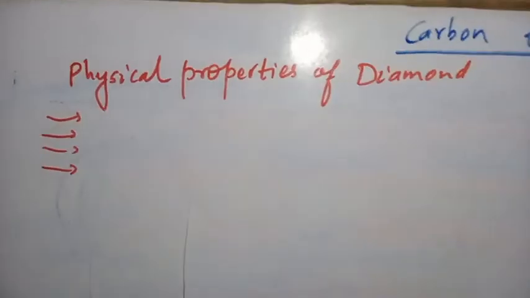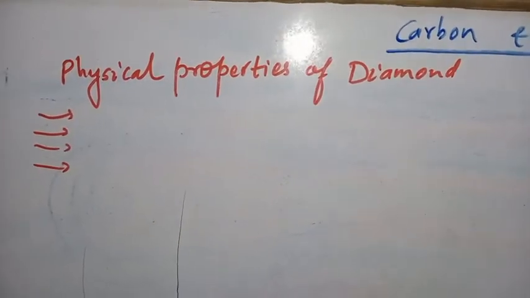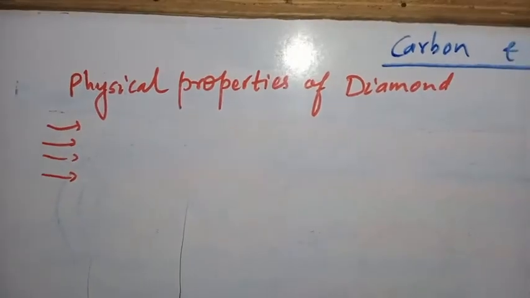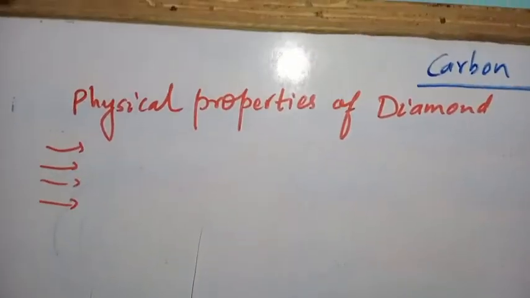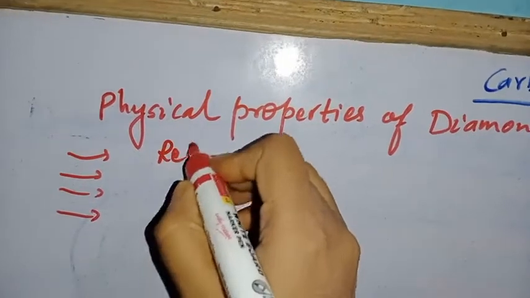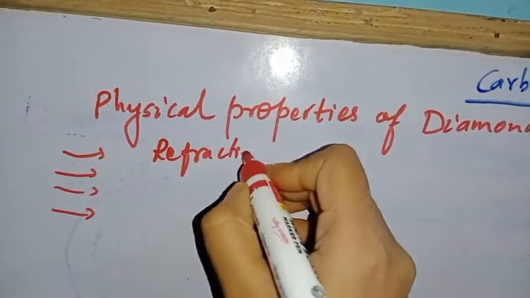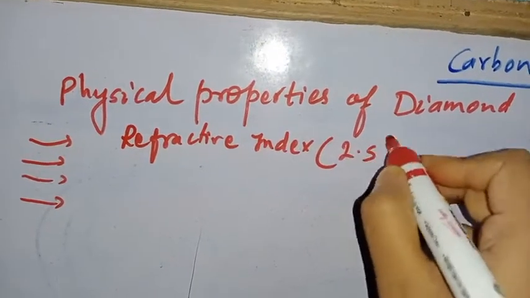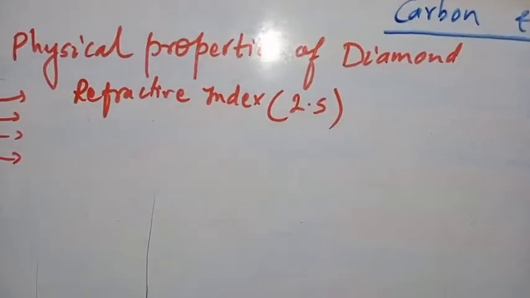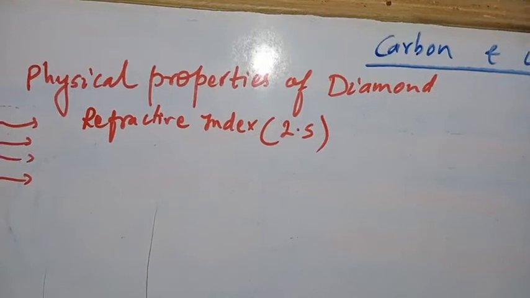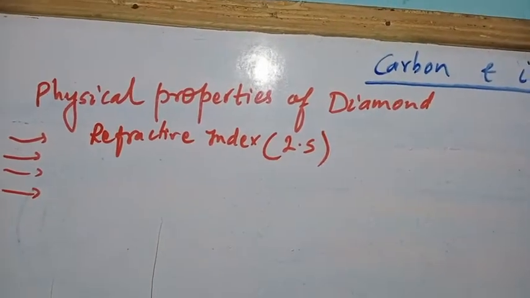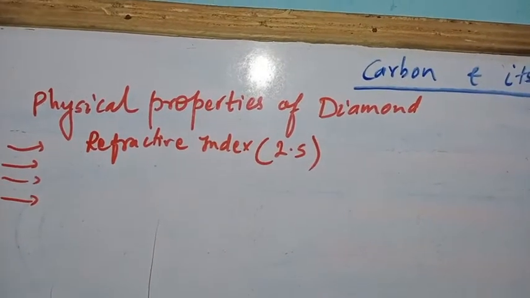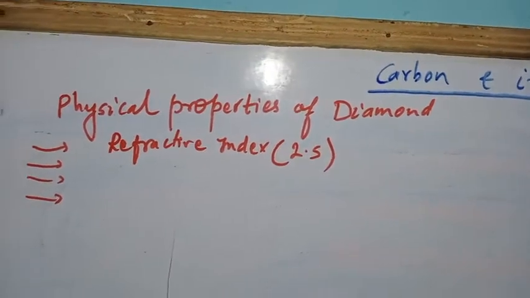Now what are the physical properties of diamond? We'll see some physical properties of diamond. Due to its high refractive index of about 2.5, diamond undergoes refraction and reflection and is transparent in nature.